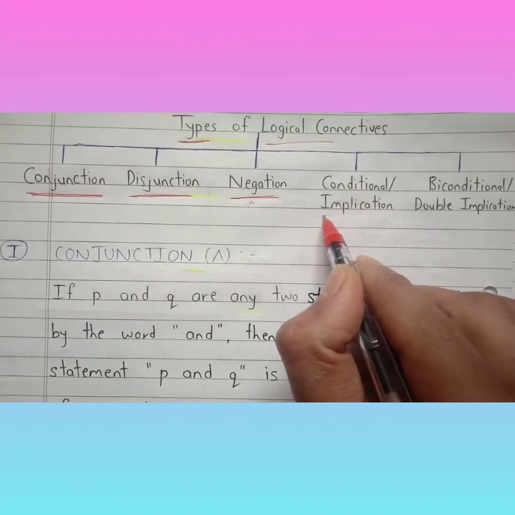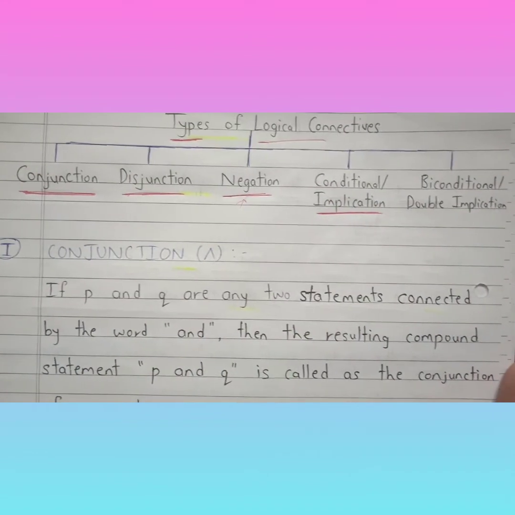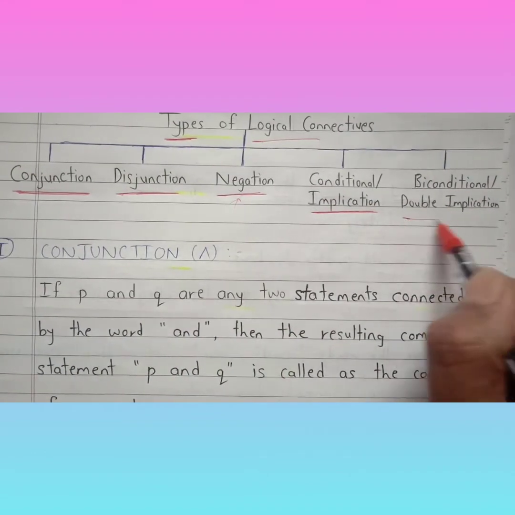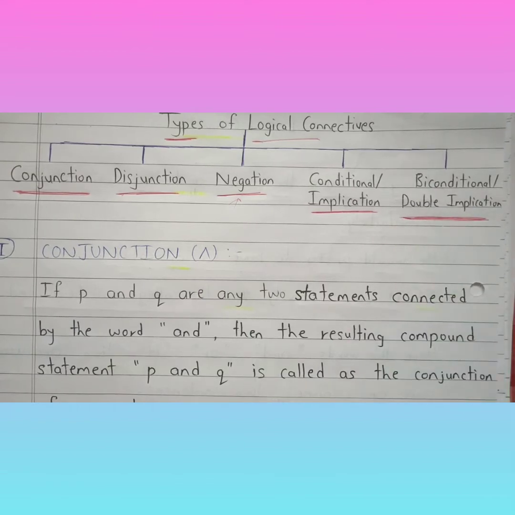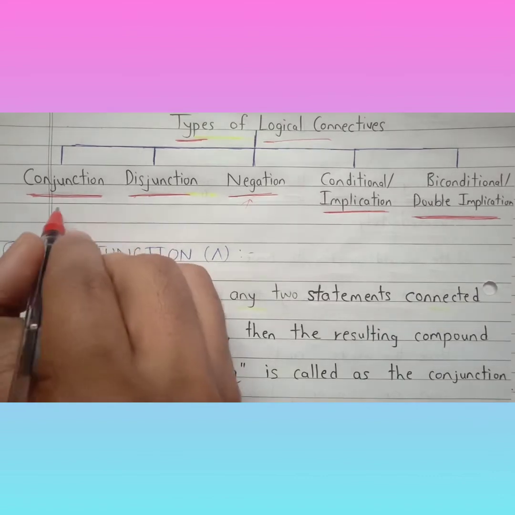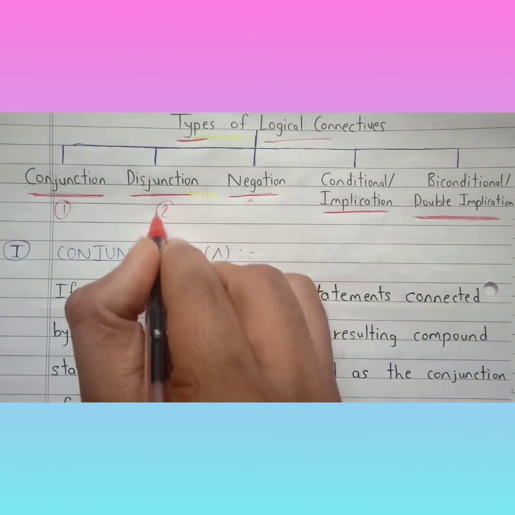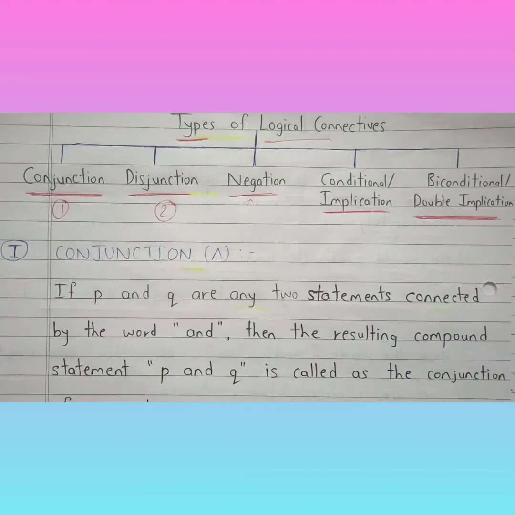Fourth one is conditional or implication, something implies something. And the fifth one is biconditional or double implication. As far as this video is concerned, we are going to see two types: this is the first one and this is the second one.